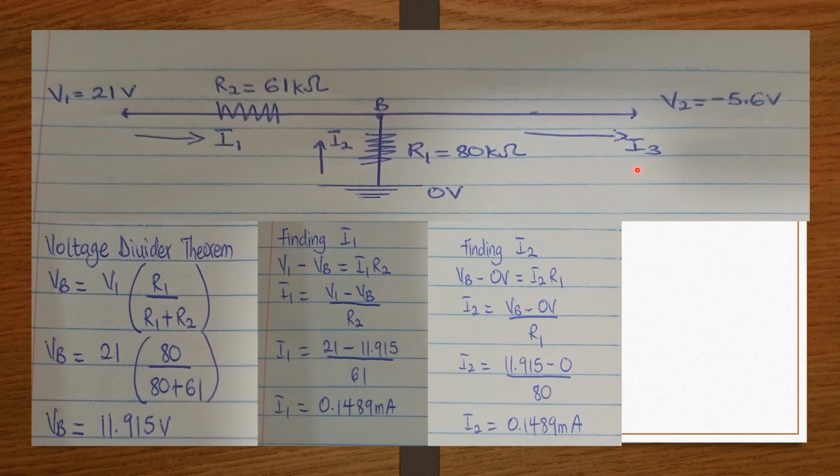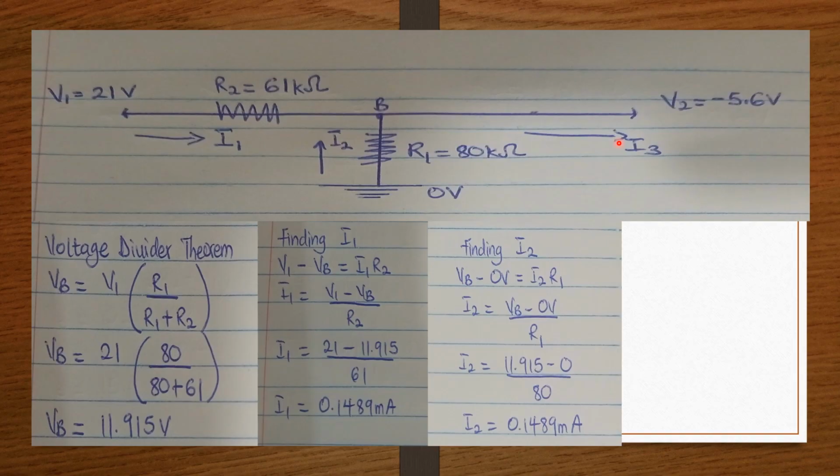From Kirchhoff's current law, we know that the algebraic sum of all the currents in the circuit must be equal to 0. We can see that I1 is pointing towards node B, so it is positive. I2 is pointing towards node B, so it is positive. But I3 is pointing away from node B, which makes it negative.